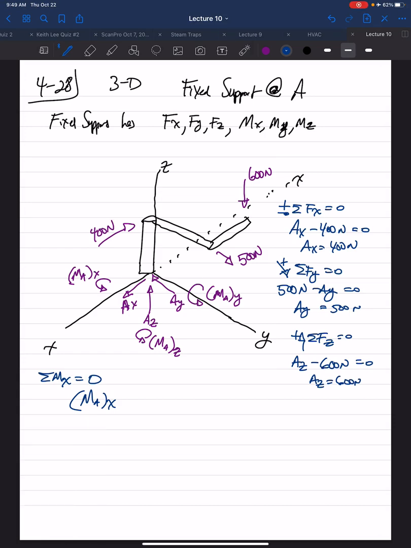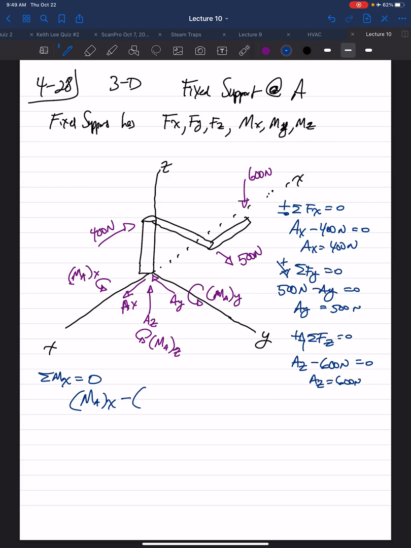Okay, so the sum of our moments about the x-axis, we start with our MA sub x, which is due to the fixed support. We have to have that. All right, the 500 Newton y direction force causes a clockwise, so negative rotation, which is negative value about the x-axis.